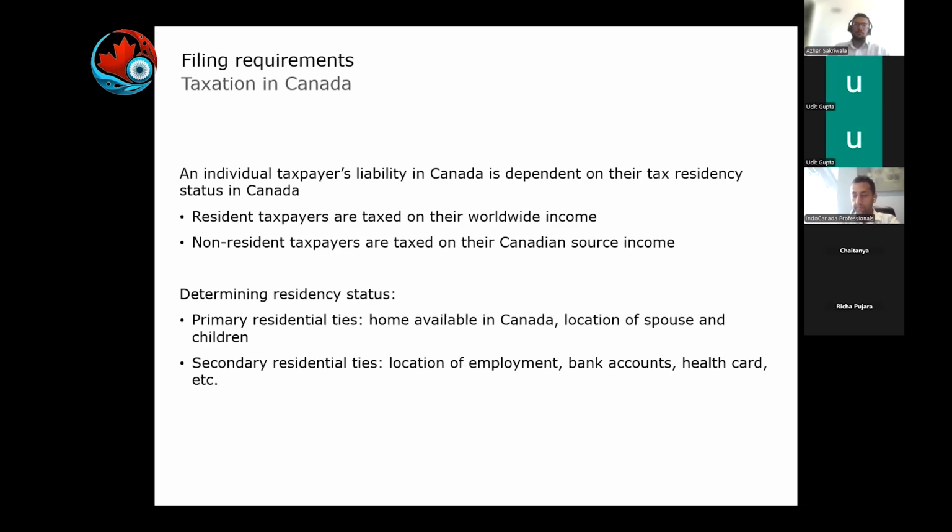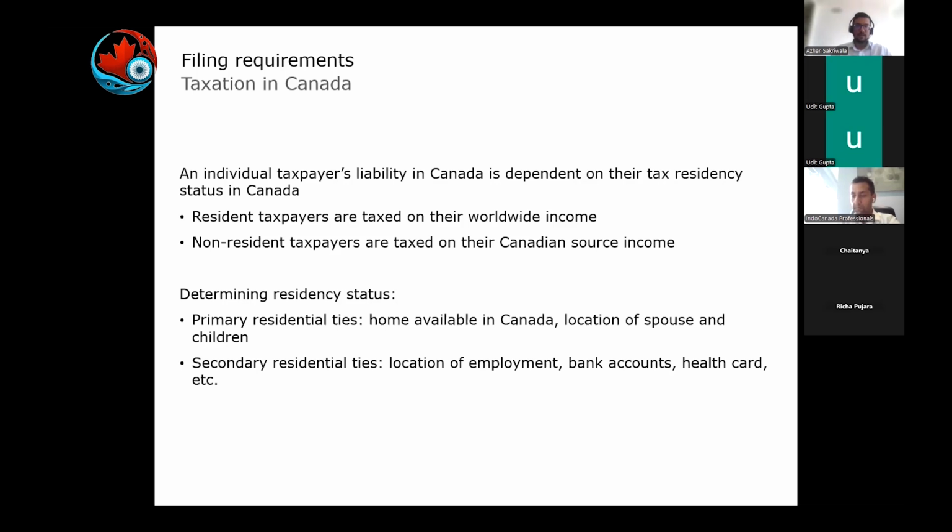Now, the main moot point is, how do you determine residency status in Canada? Different countries have different rules and regulations in determining tax residency. If you talk about India, you follow the number of days of presence rule, which means that if you are resident in India for X number of days, then you attain Indian residency. But in Canada, the number of days of stay is not the primary rule.